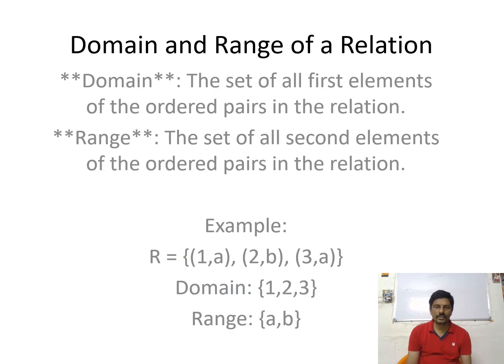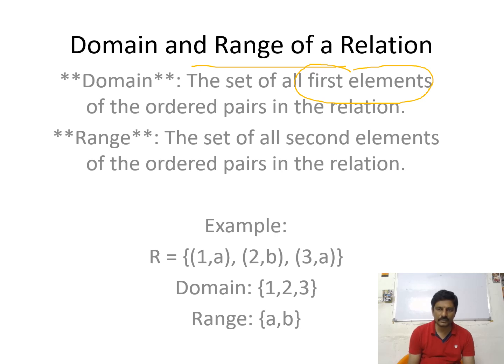Domain and range of a relation. Domain is the set of all first elements in the relation. Range is the set of all second elements.